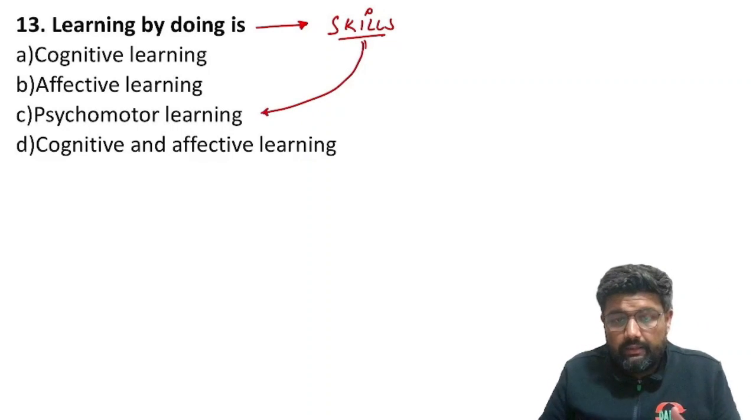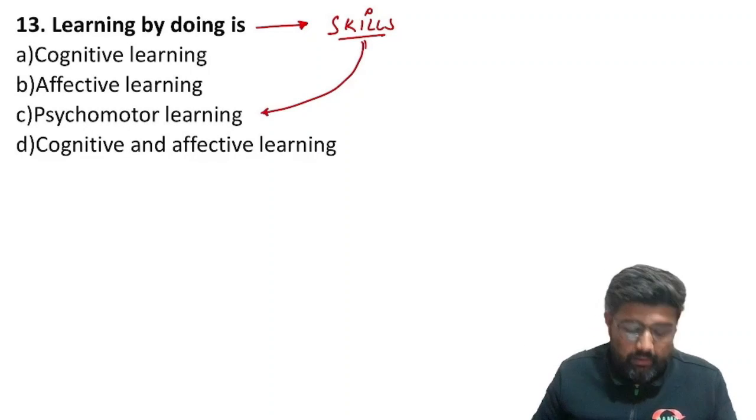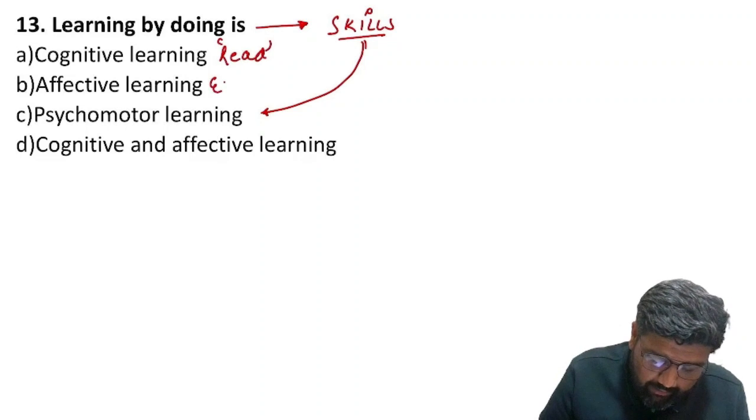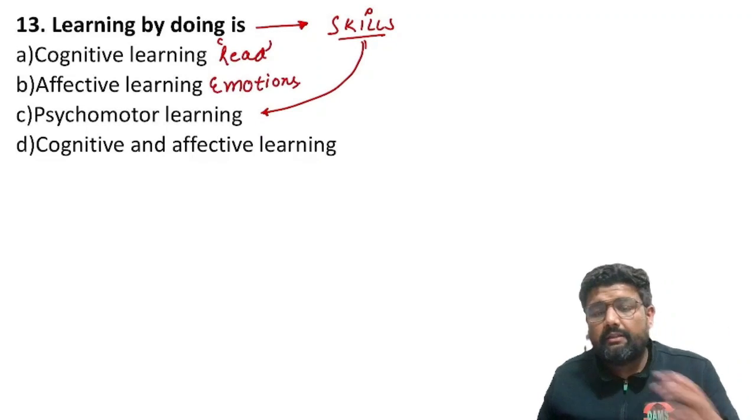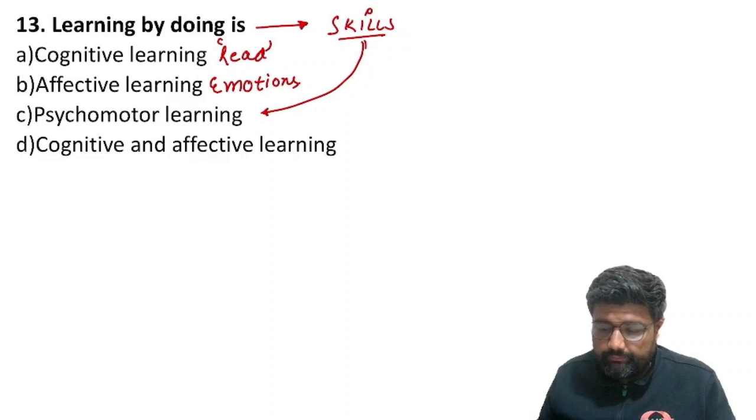When I am learning the procedure of surgery just by reading the book, this is cognitive. And when I learn something with emotions, emotion can be happy, sad, angry, scolding, something like that, this is affective.